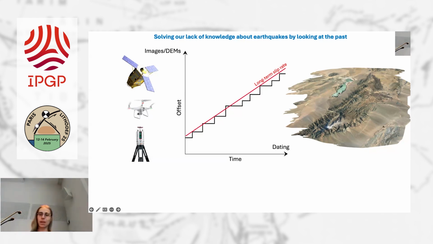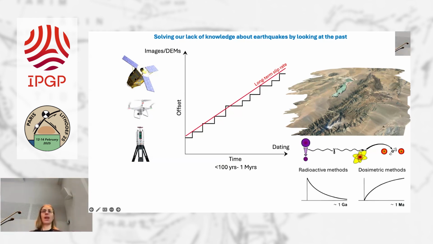But today I will speak about the dating, because in fact, most of the debates about the long-term slip rates come from some issues that people have with the surface dating. So I will speak about radioactive methods like the cosmogenic, but also dosimetric methods like the luminescence.